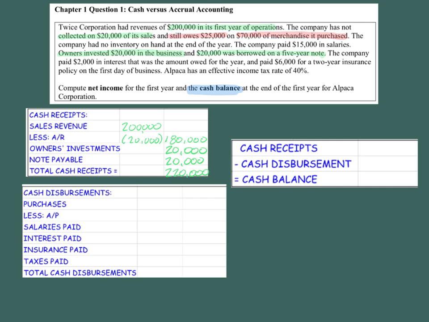So we'll report that as $70,000 in purchases, less the $25,000 that's an accounts payable of money we still owe, which will give us a net of $45,000 we dispersed from purchases. The next thing we see is we paid out $15,000 in salaries. So we'll record that as a cash disbursement.